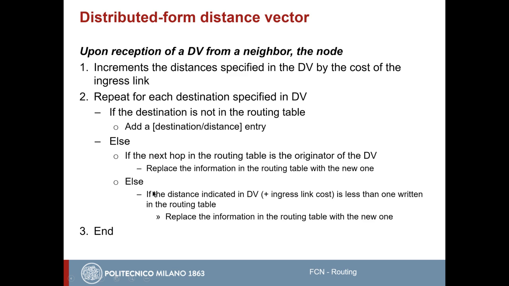Okay. Then, once a node collects a distance vector and increments all the distances, it starts inspecting the content of the distance vector. So if in the distance vector the node finds a destination which is not already in the routing table, then a new entry in the routing table will be added with the destination and distance value, okay?